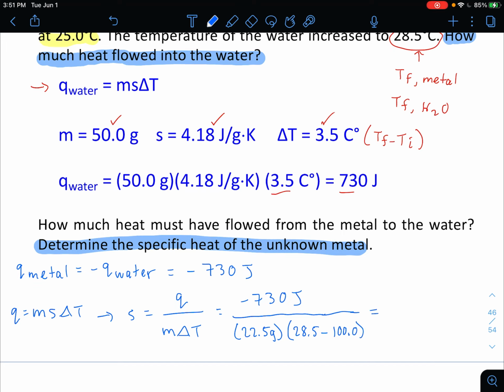So that's Q over M delta T. The delta T will be negative, right, because it went down to 28.5 from 100. So let's see what we get here. And we should only report it to 2 significant figures, I guess.